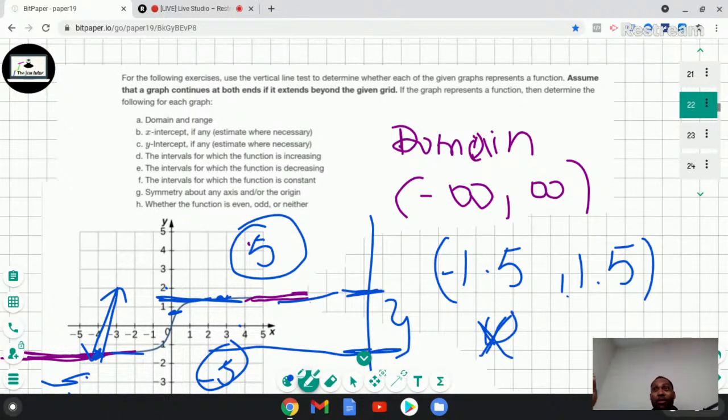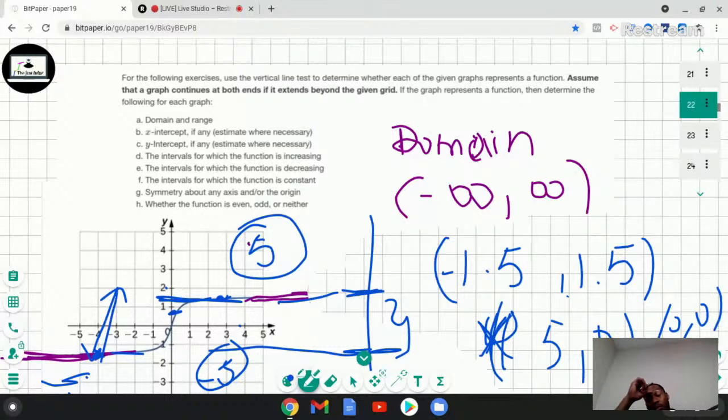That means f of x is equal to 0, and in this case it could give you two points, maybe 5, 0. This is not the case for this one, but it would give you 0, 0. That means the x-intercept, where the y value is equal to 0.